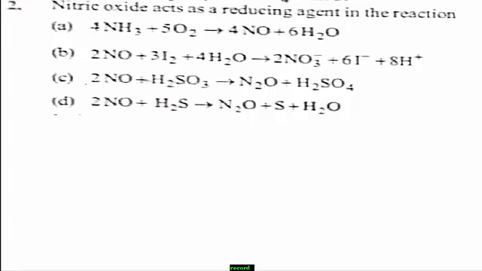Option B: 2NO plus 3I2 plus 4H2O gives 2NO3 minus plus 6I minus plus 8H plus. Carefully observe the reactions. Option C: 2NO plus H2SO3 gives N2O plus H2SO4. Option D: 2NO plus H2S gives N2O plus S plus H2O.